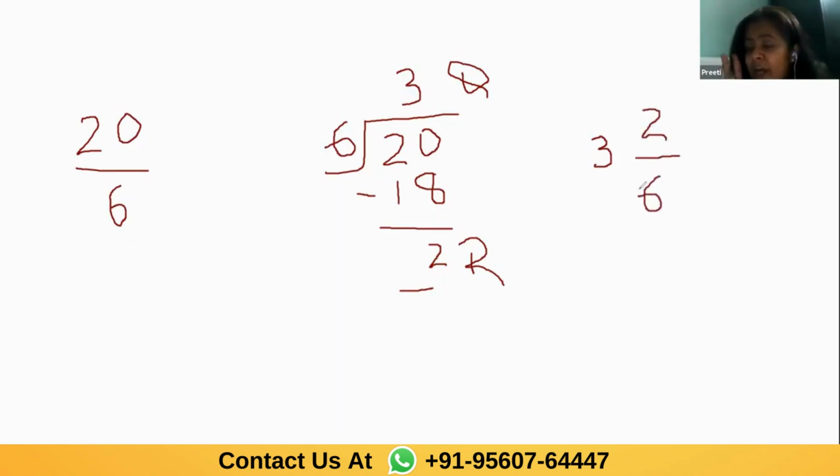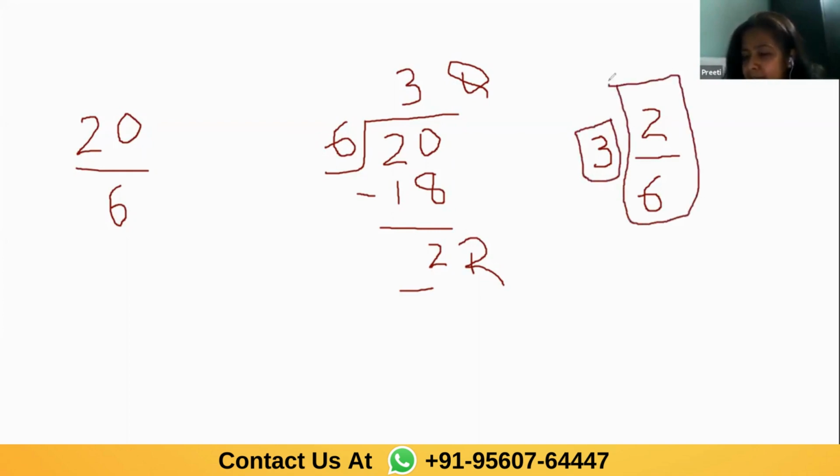Children, improper fraction is made up of two things: whole number and a proper fraction. Ma'am, then if we have to change it back to improper fraction? Okay, multiply these two. Multiply the denominator with whole number. 6 3s are 18.